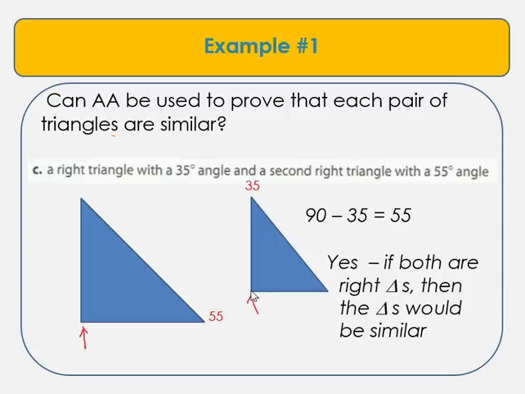We have a 35-degree angle here. However, if we say that 90 minus 35 equals 55, these two triangles could be similar. Because 35 and 55 equal 90, they would complete the measurement of the triangles, and so, yes, we can prove them to be similar.